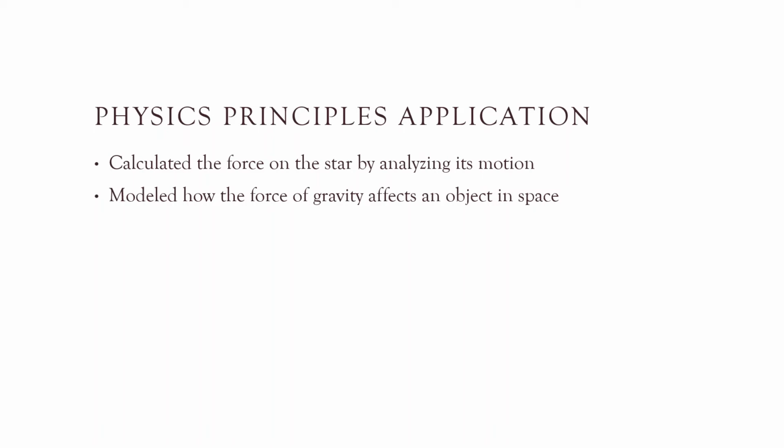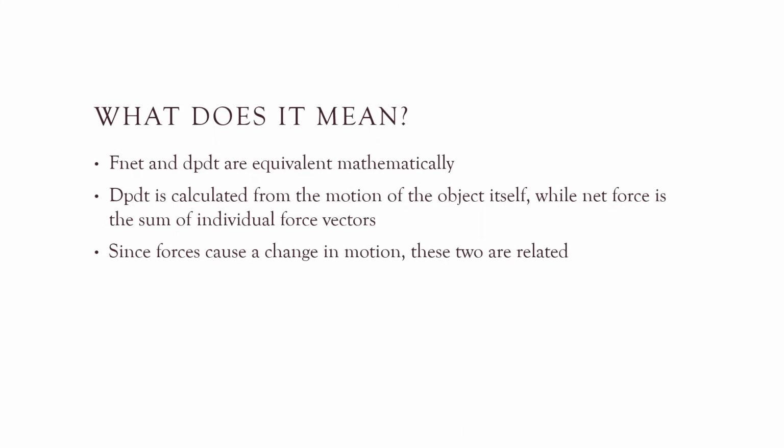I was able to see how that translates to parallel and perpendicular forces on the star, specifically as it traveled through its elliptical path. I was also able to see how the force of gravity affects an object in space and how it changes as the object passes through its elliptical path, and how it might move at different velocities at different times in its ellipse. So what does it mean?